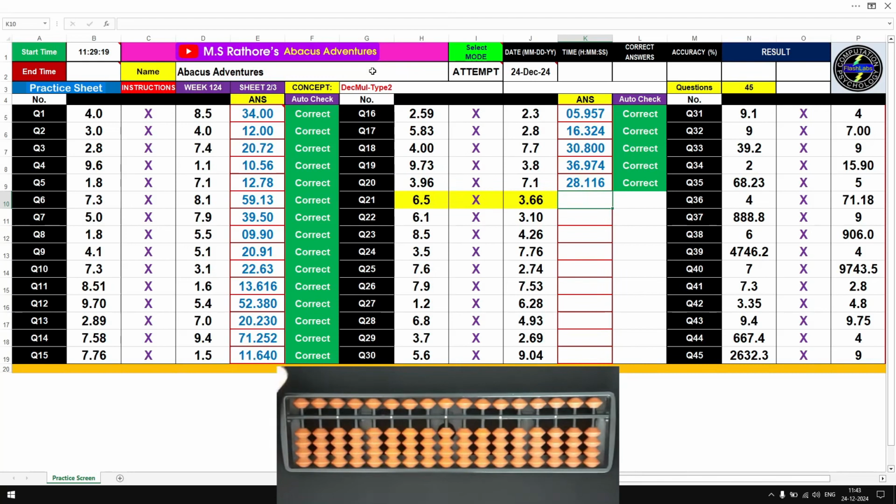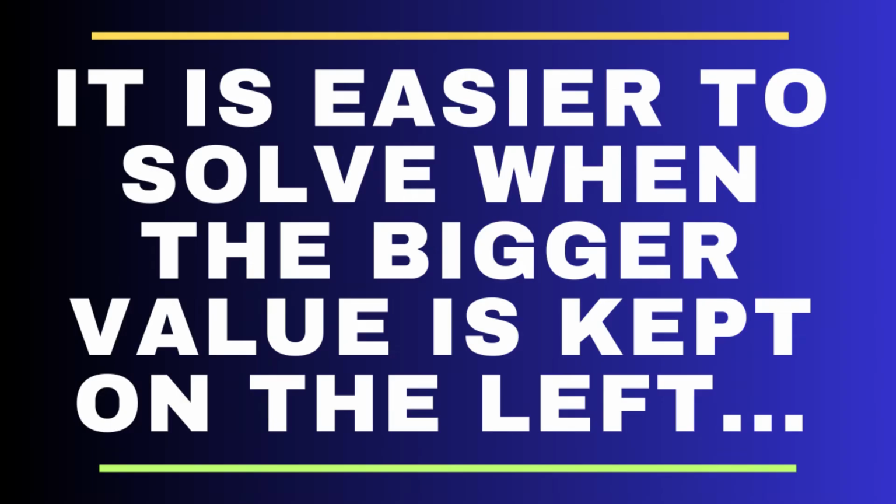Question number 21, 6.5 multiplied by 3.66, visualizing the smaller number on the right side and the bigger one on the left side.